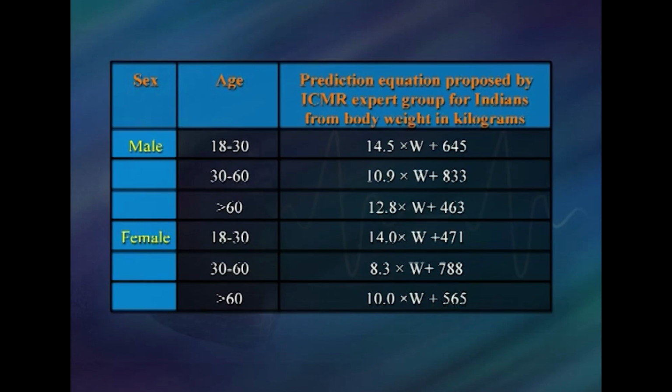For females between 18 to 30 years, the formula is 14 into weight plus 471, whereas for 30 to 60 years it is 8.3 into weight plus 788, and for females above 60 years it is 10 into weight plus 565.